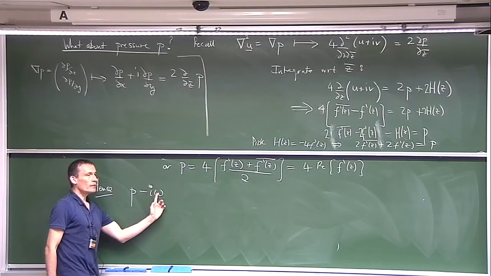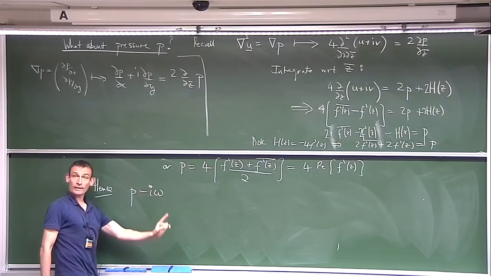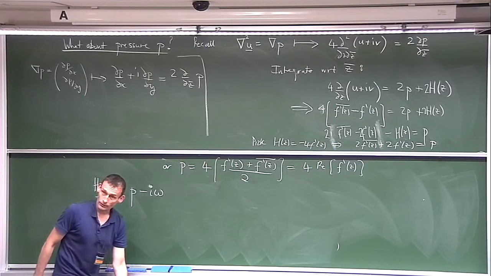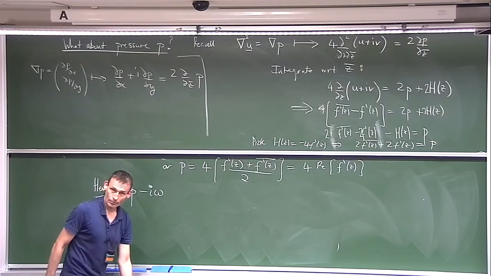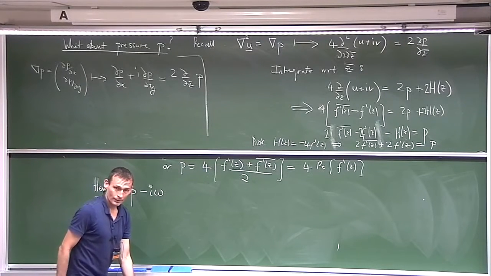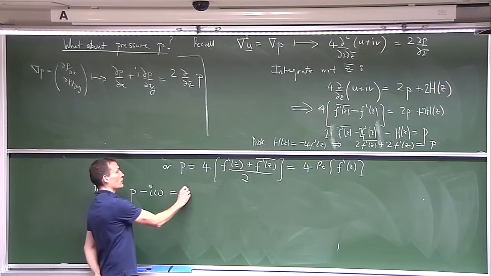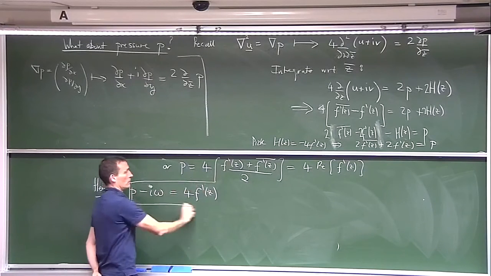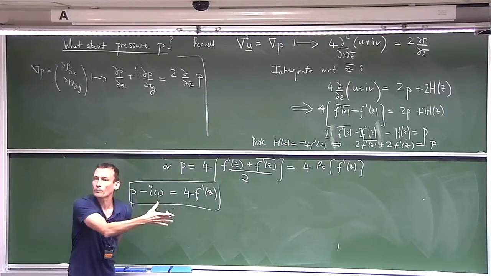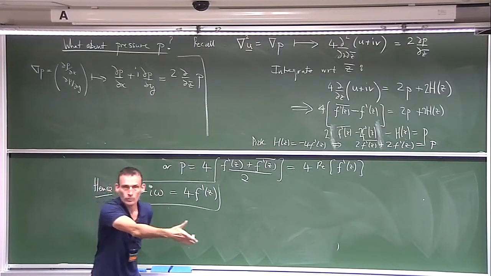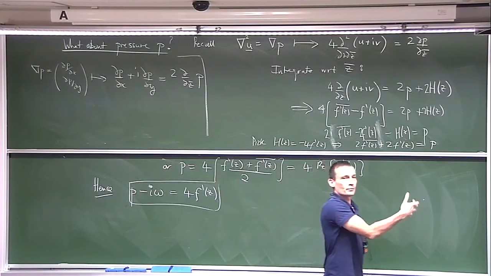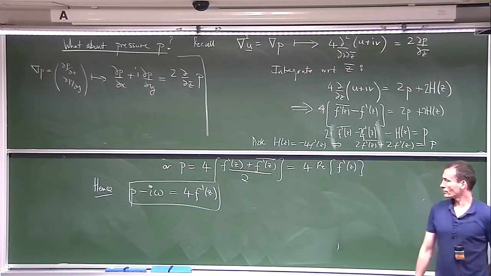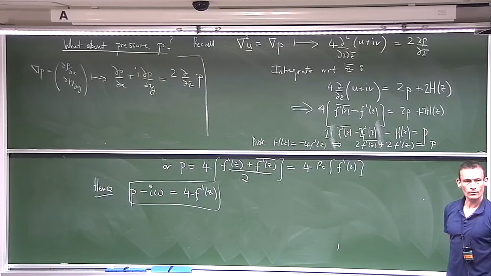Minus I omega is plus I times the imaginary part of F prime. So can everybody see that this is just 4 times F prime? Because F prime is the real part of F prime plus I times the imaginary part of F prime. Okay?